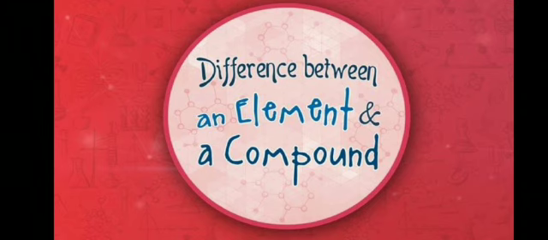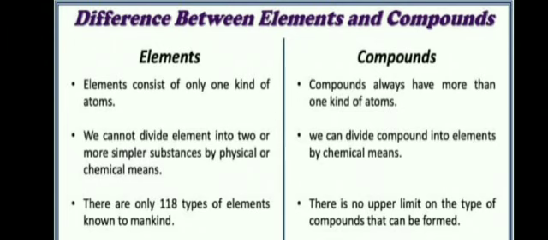So what is the difference between an element and a compound? The main three differences are these. Elements consist of only one kind of atom, whereas compounds have more than one kind of atom.